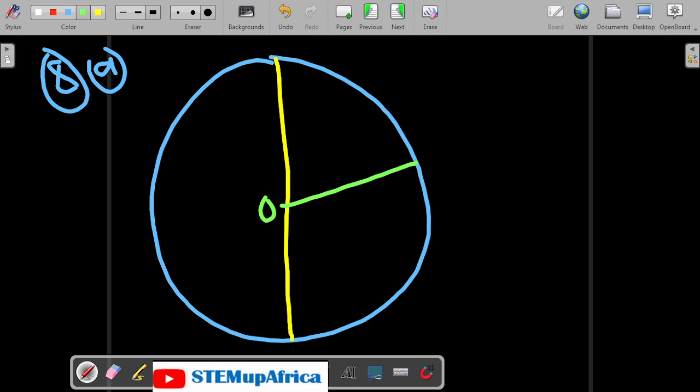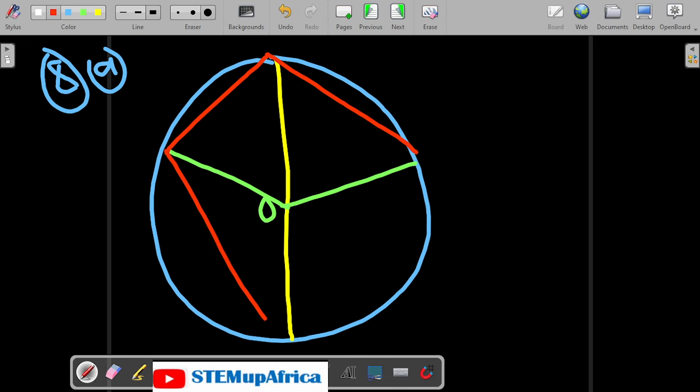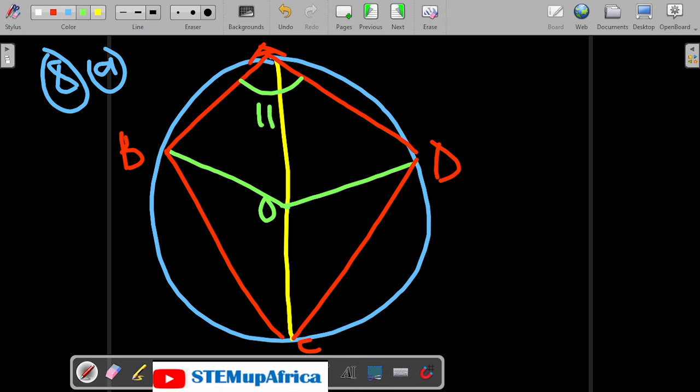Here are points A, B, C, and D. The whole of this angle is given to us as 110 degrees. This angle is 30 degrees. This angle is t, which is what we're looking for.